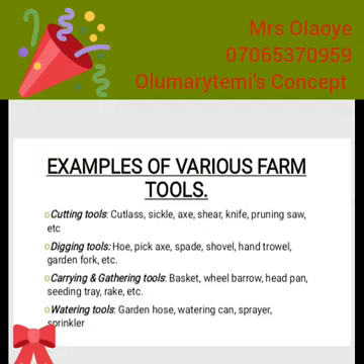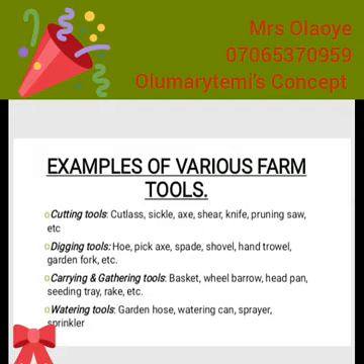We also have carrying and gathering tools. These tools are the ones we use to gather or to carry things on the farmland. Examples are basket, wheelbarrow, egg crates, seedling tray, rake, and so on. And the last group we have is the watering tools.